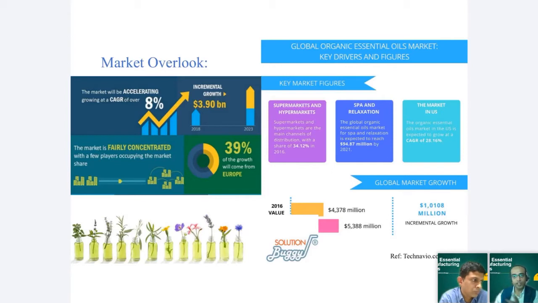The second application the industry is targeting is spa and relaxation oil, and the third market, which is closest to us, is in India in Ayurvedic products. The market value in 2016 was 4,378 million. Now it is at 5,388 million, an incremental growth of almost 1,000 plus million within 3 years.